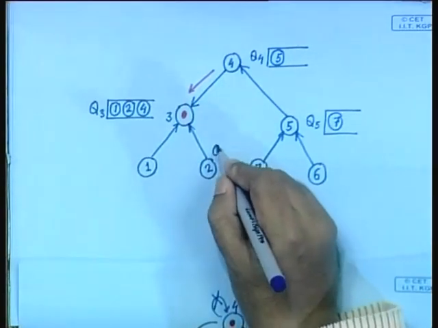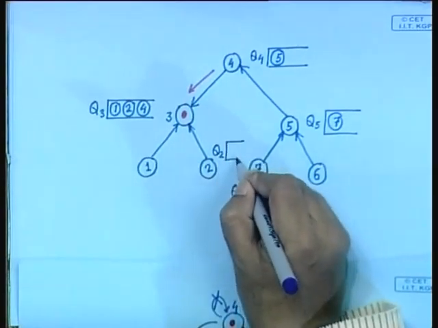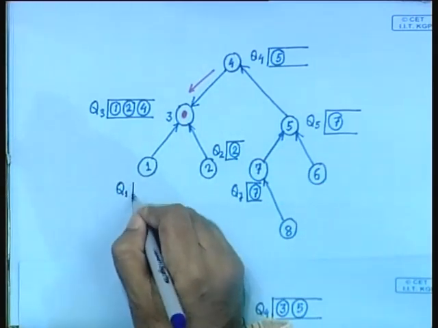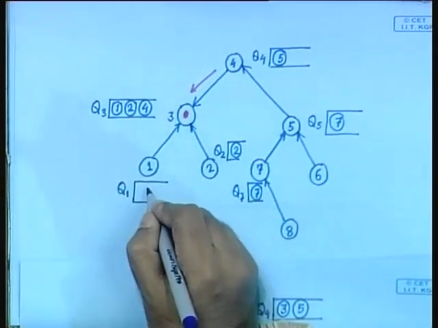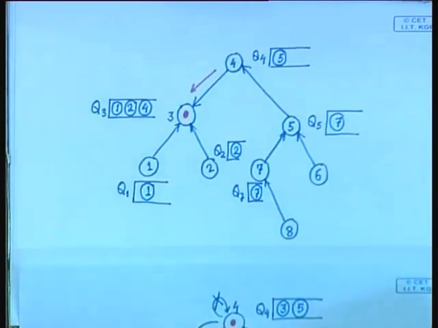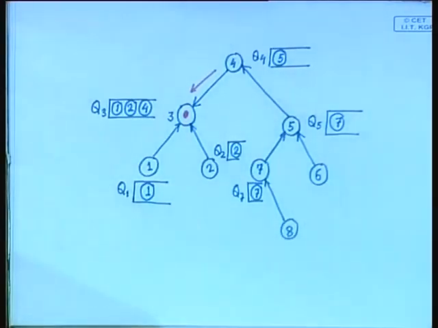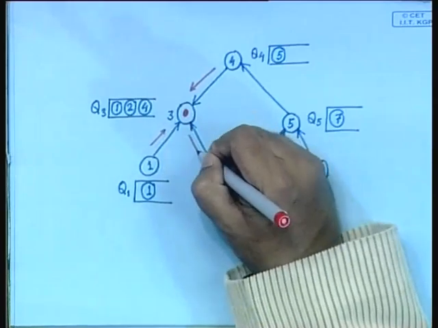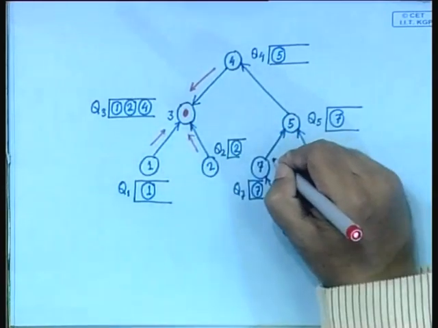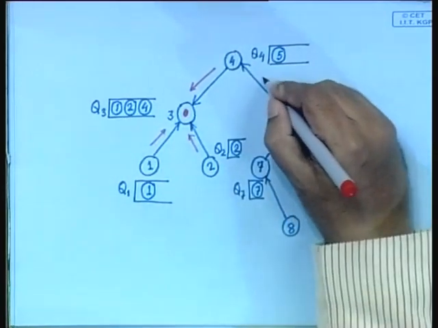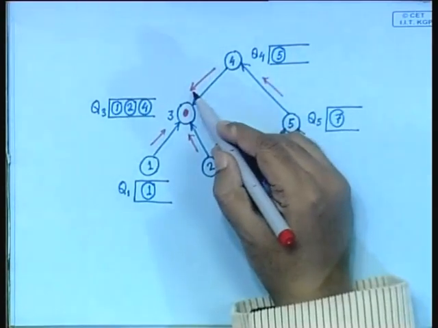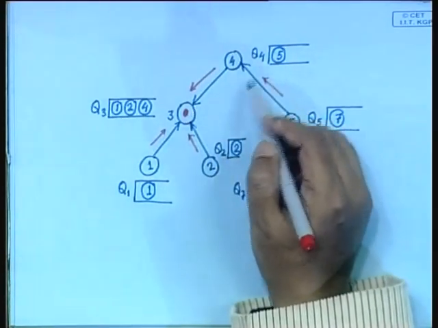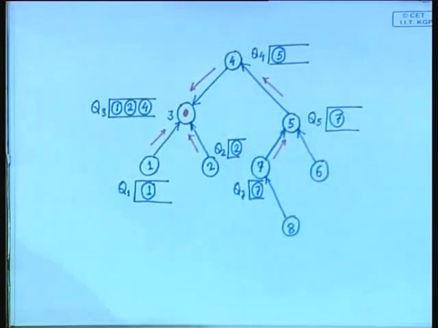Q2 has 2 and Q1 has 1. Okay. And what are the pending requests? There is a request from here, there is a request from here, and then there is a request from here and here, right. And the new request that has been added is for a request to 3 because it wants the token back, so that it can pass it to 5 later.